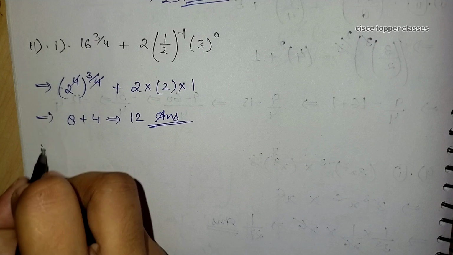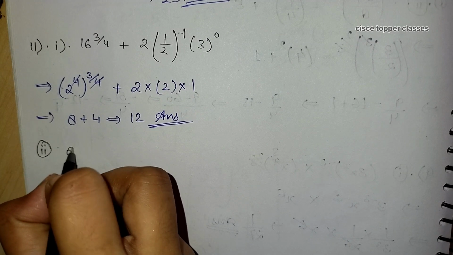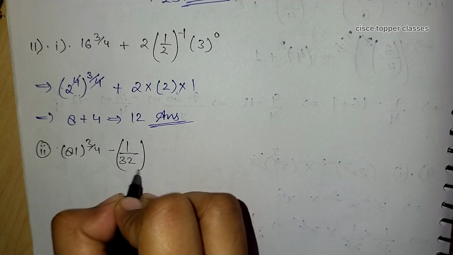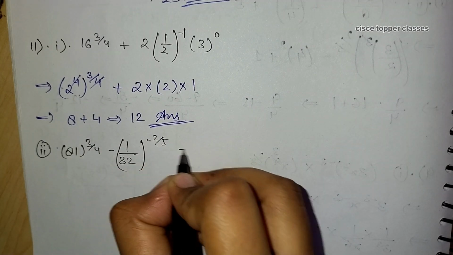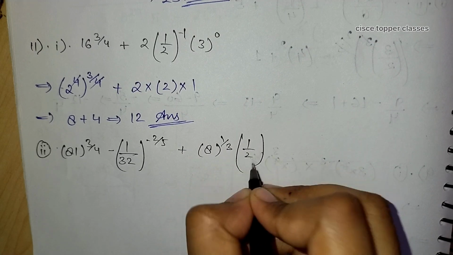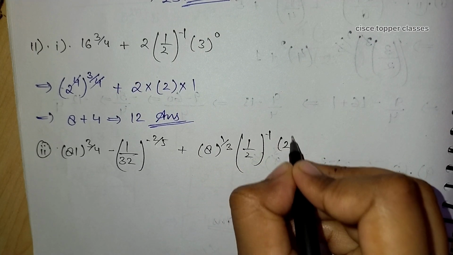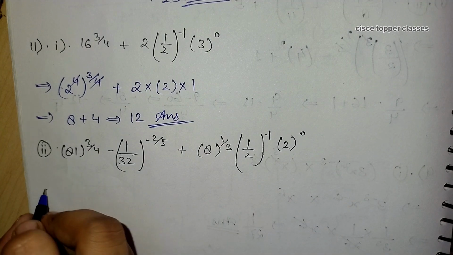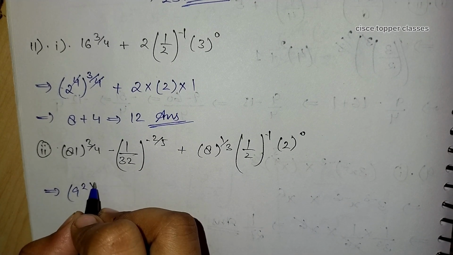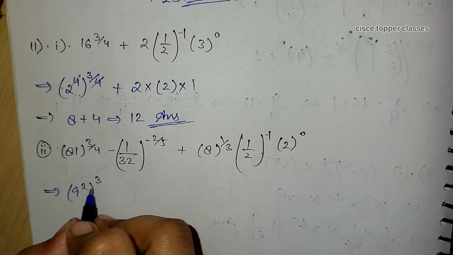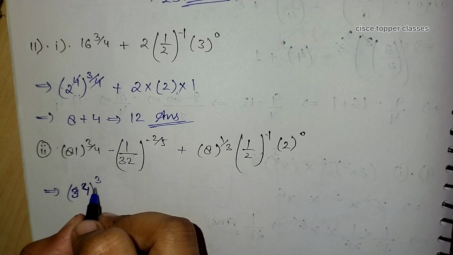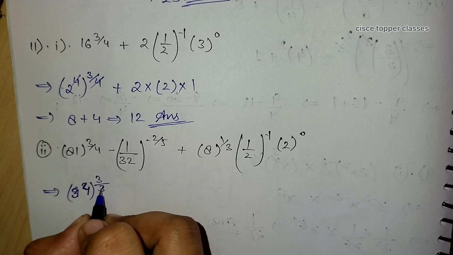Now let us solve the second part of the 11th question, which is 81 whole power 3 by 4 minus (1 by 32) whole power minus 2 by 5 plus 8 to the power 1 by 3, and here (1 by 2) whole power minus 1 multiplied by 2 to the power 0. So simply we can write it as 9 whole square, and here 3 by 4 or 3 to the power 4 we can also write it as 3 to the power 4 and whole power 3 by 4.